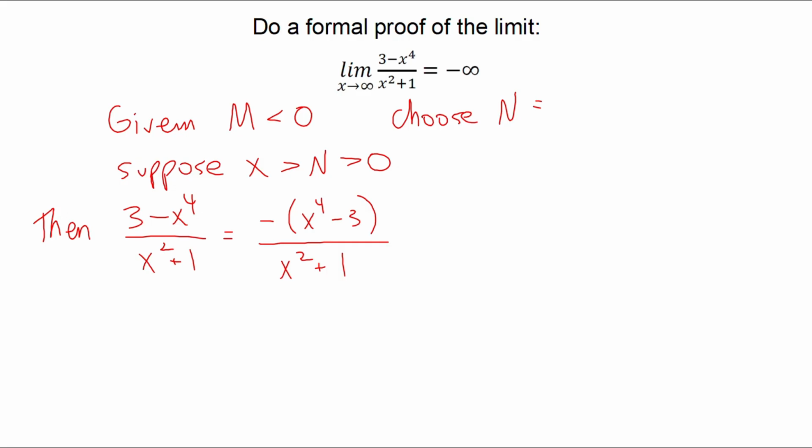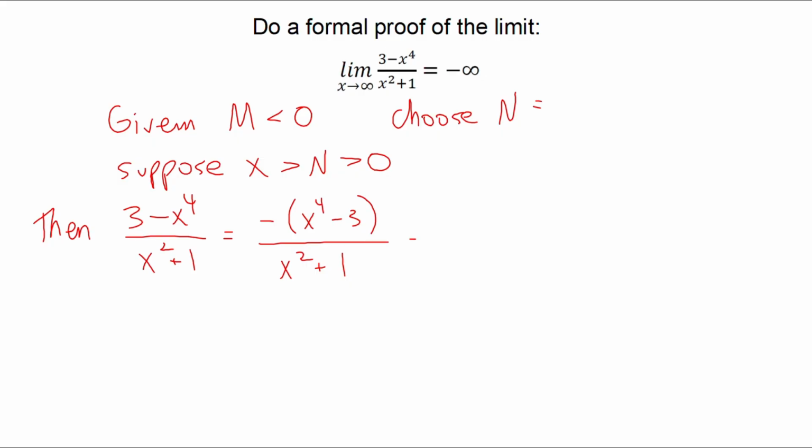And so the x to the fourth minus 3 is sort of like a difference of squares, right? And one option would be to try and build something into the denominator that cancels with what we have in the numerator.